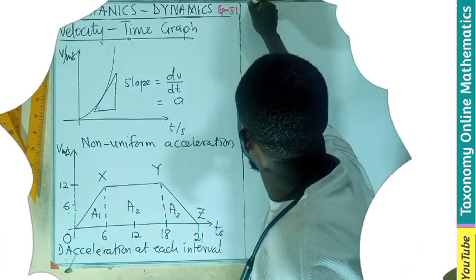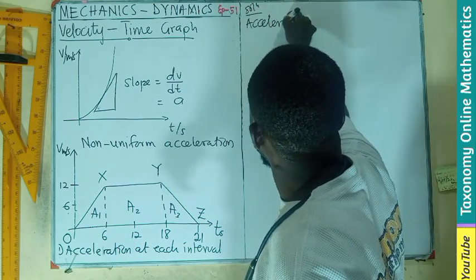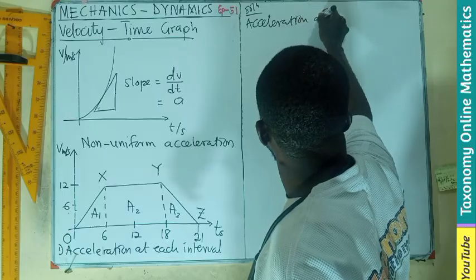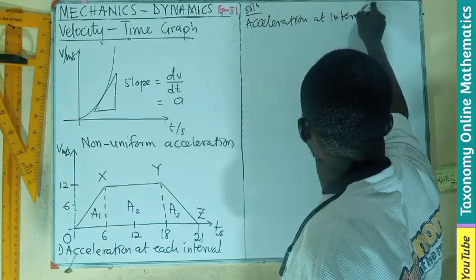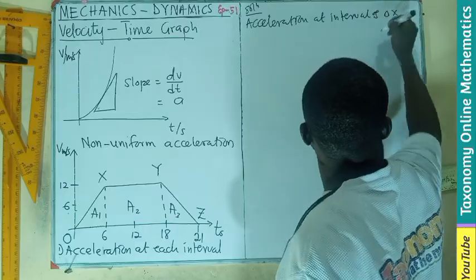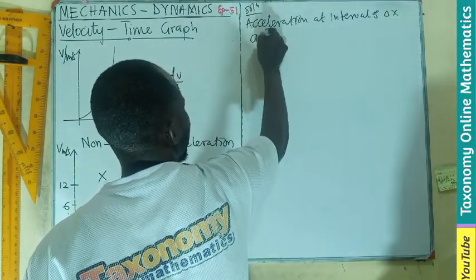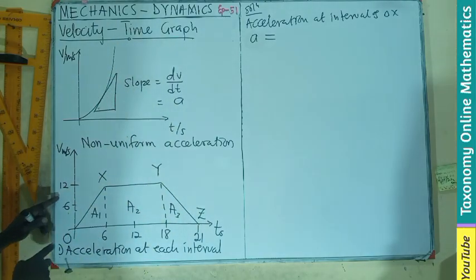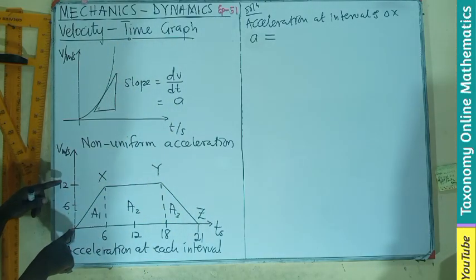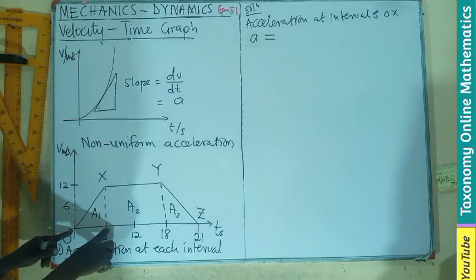So let's see, we have the solution. We are looking for acceleration at the interval OX. Remember, acceleration, I'll use A because of space, is going to be the change in velocity. Right away from here, 0 to 12. That's the change in velocity, divided by the change in time.